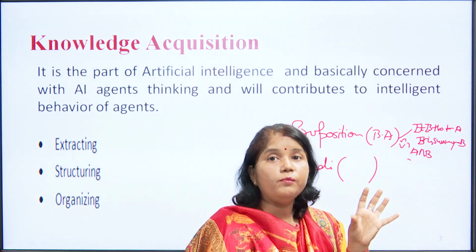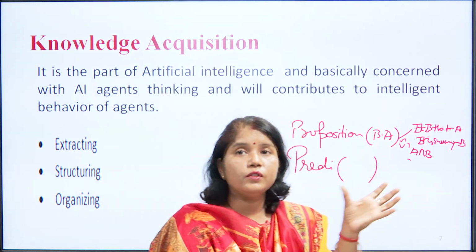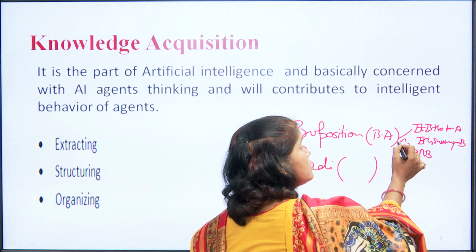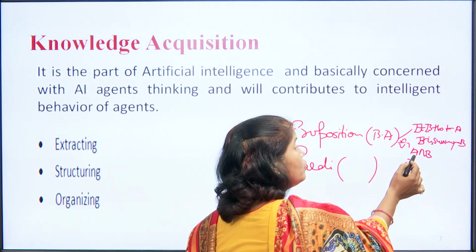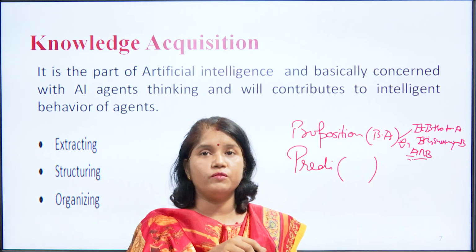Obviously, if sunny is there, then hot will be there. So these are two operations and this is the AND functionality. Both conditions should be true at the same time.